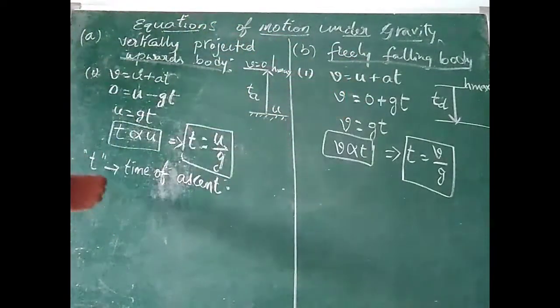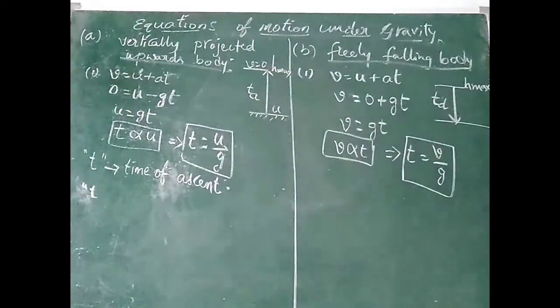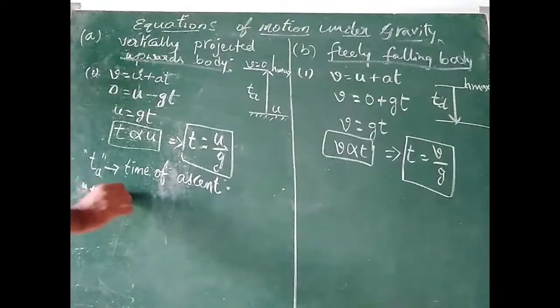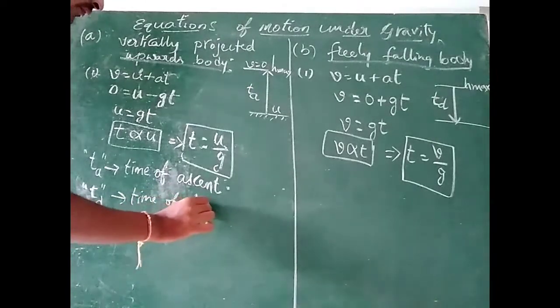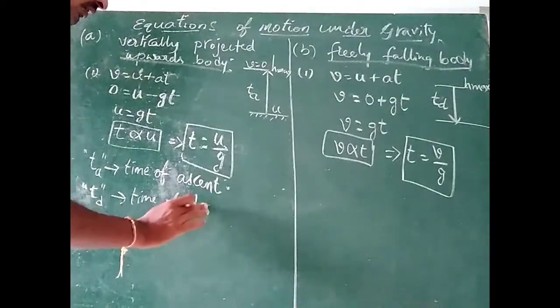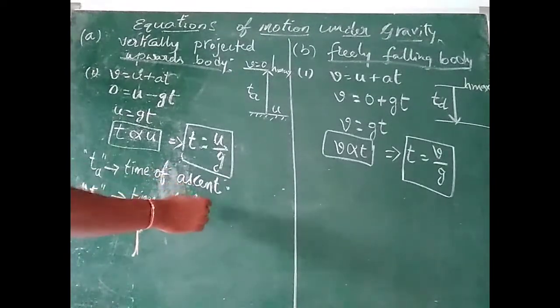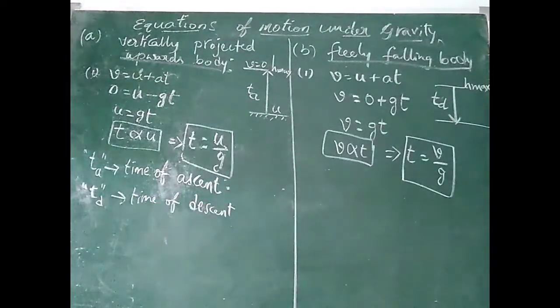So time of descent is nothing but the time taken by the body to reach the ground from maximum height. Time of descent. Okay.